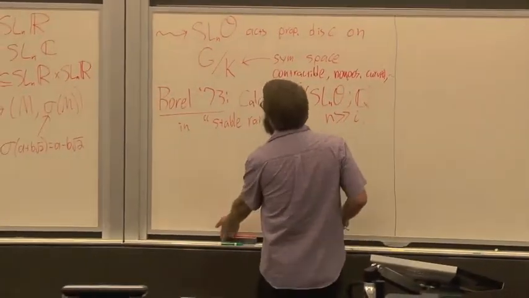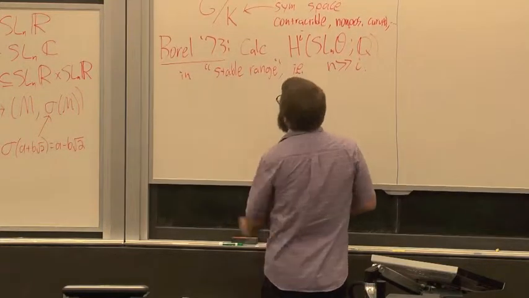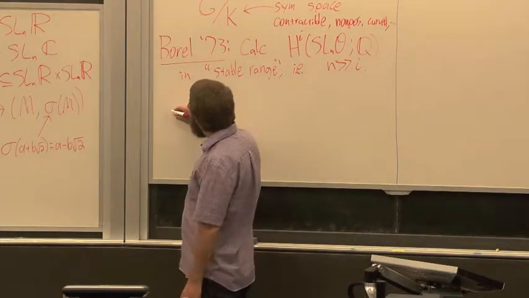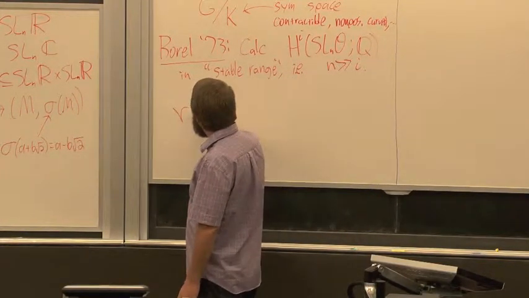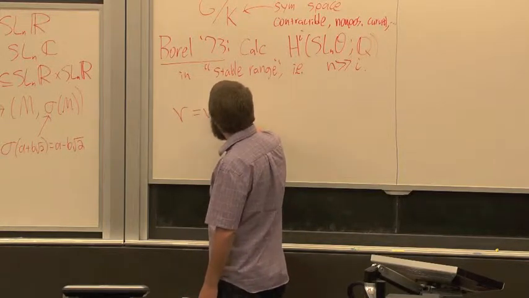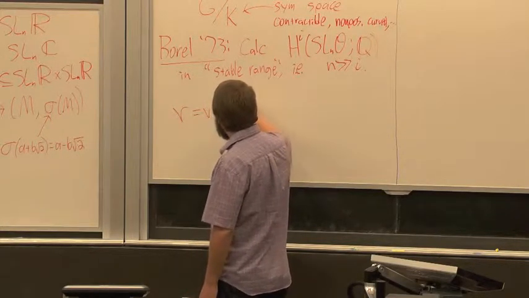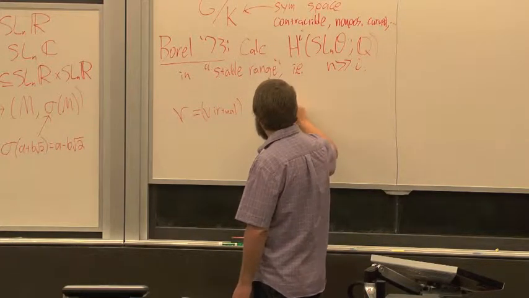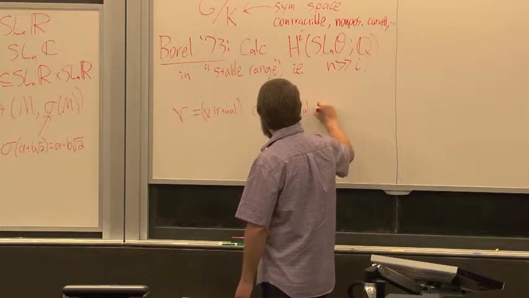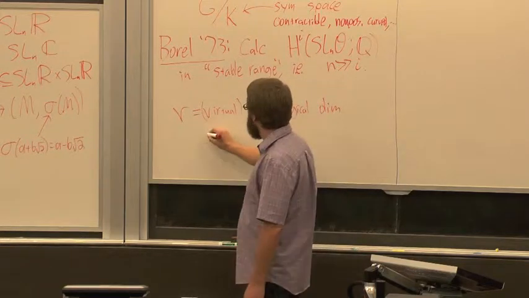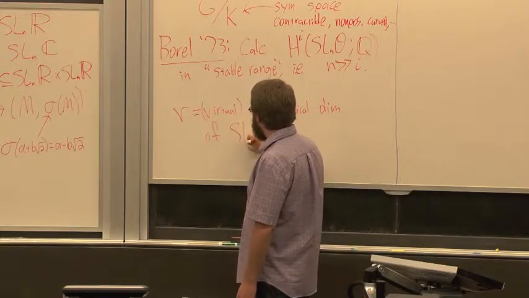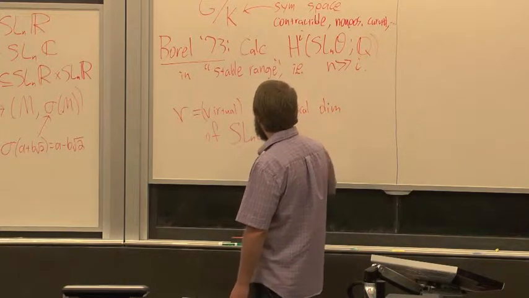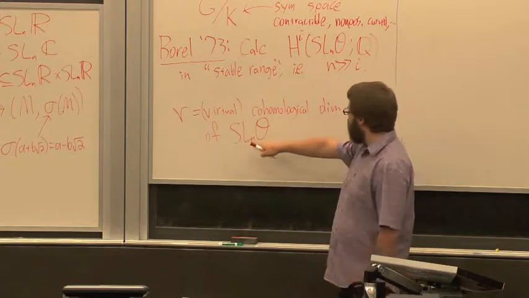Well, let ν, right there, be the virtual cohomological dimension of SL_n O. Okay, the word virtual is there because these things have torsion.